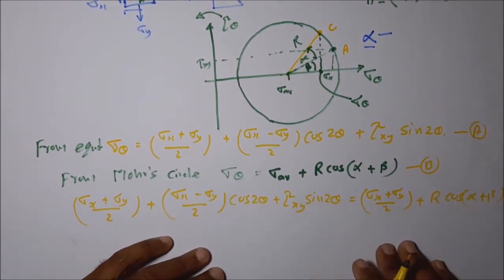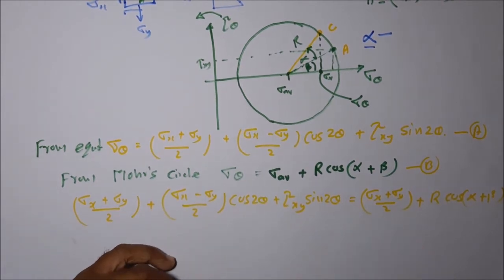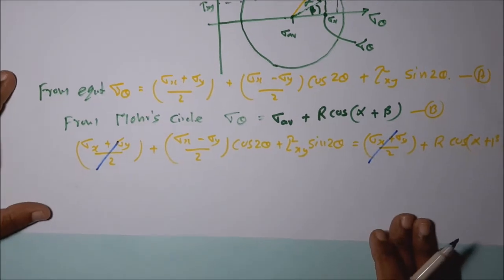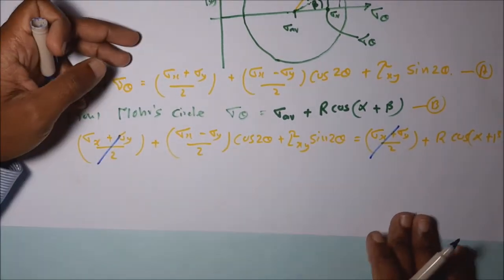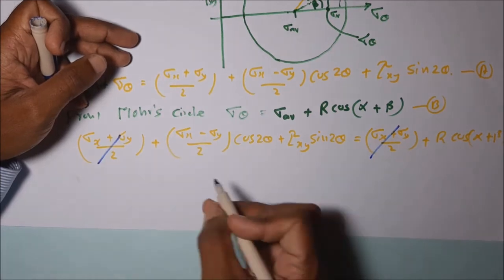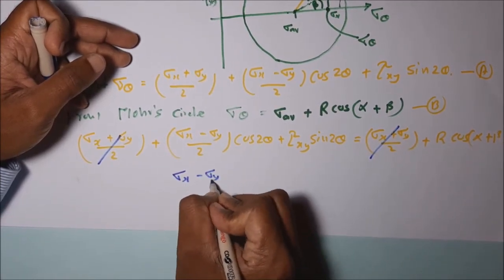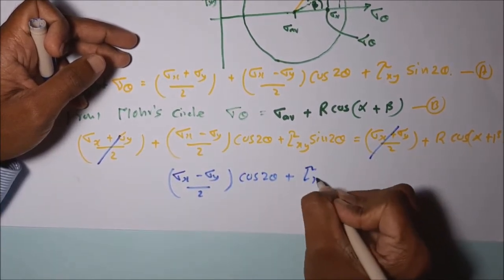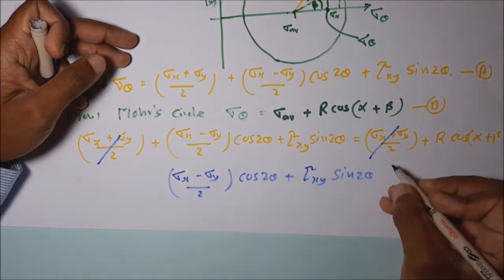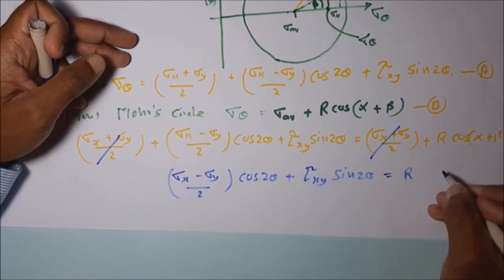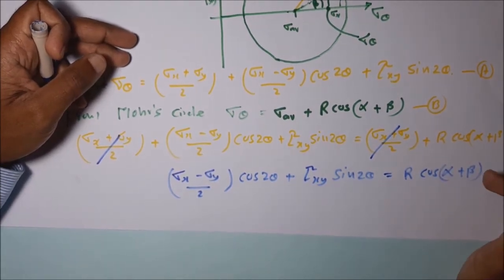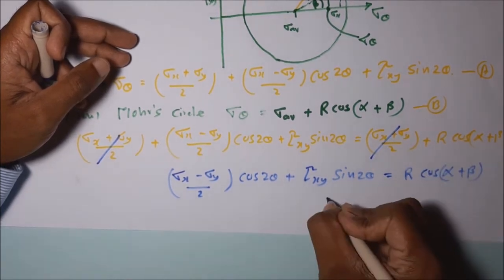In this equation, the common term we can cancel. Finally, what remains is sigma x minus sigma y divided by 2 cos 2 theta plus tau xy sin 2 theta equal to R cos of alpha plus beta. Then here, what is R?